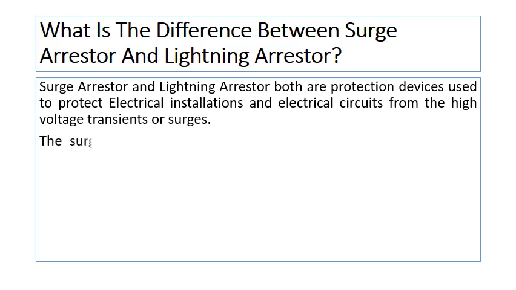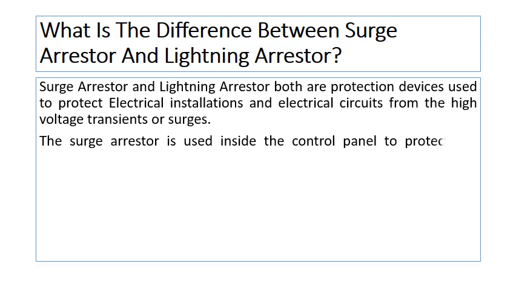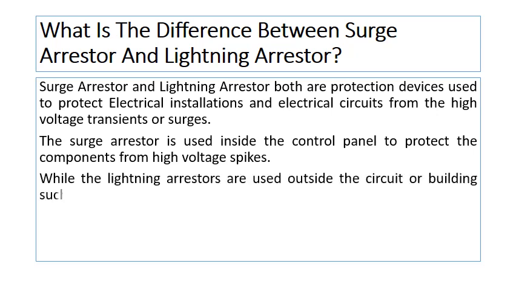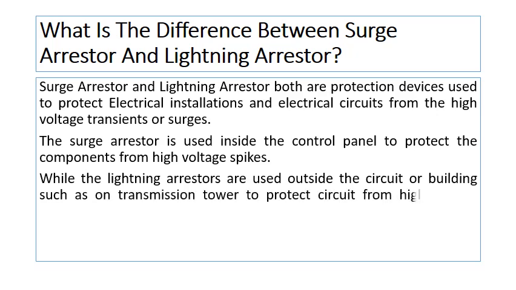The surge arrestor is used inside the control panel to protect the components from high voltage spikes, while the lightning arrestors are used outside the circuits or building such as on transmission tower to protect the circuit from high voltage strikes of lightning.